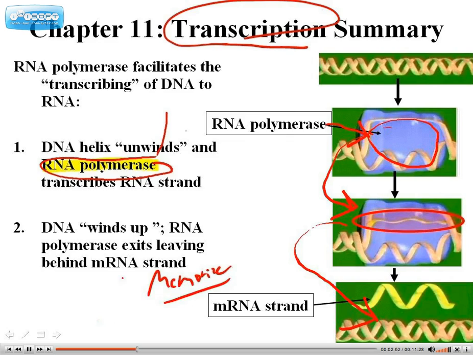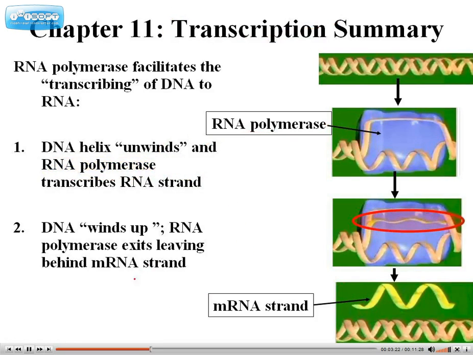So, very straightforward steps. This is as much as you need to know. Assume, at least at this level, that the RNA polymerase does everything. So again, really quickly, DNA unwinds, RNA polymerase makes the RNA strand, then the DNA winds up, and the RNA polymerase and RNA strand leave.